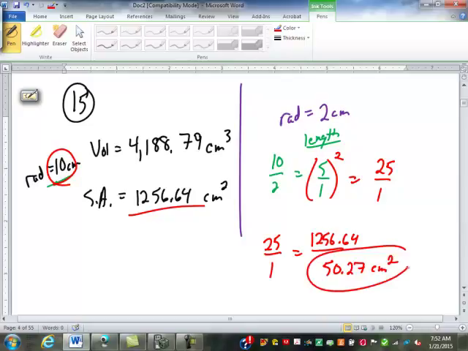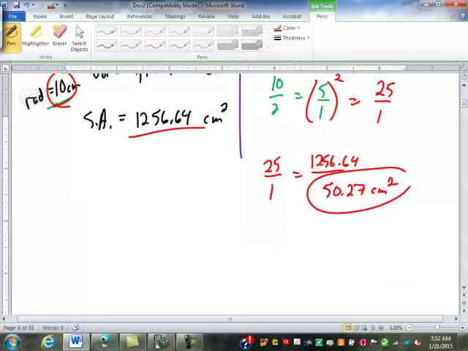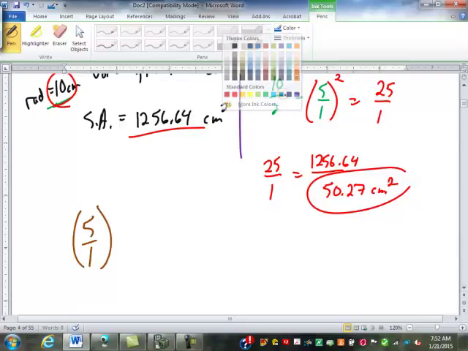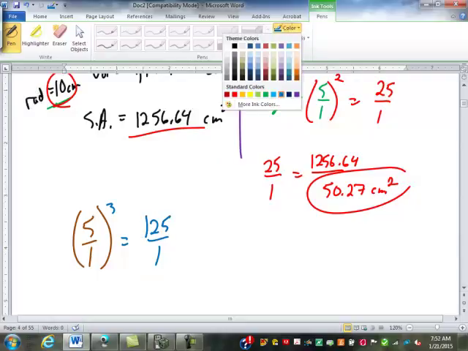Now it's saying find the volume of a sphere with radius 2. So again, it's a 5 to 1 ratio of radii. But we're trying to make it into a volume, which means we're going to go to third power, cubed. So 5 to the third power is 125, 1 to the third is 1. So it's a 125 to 1.